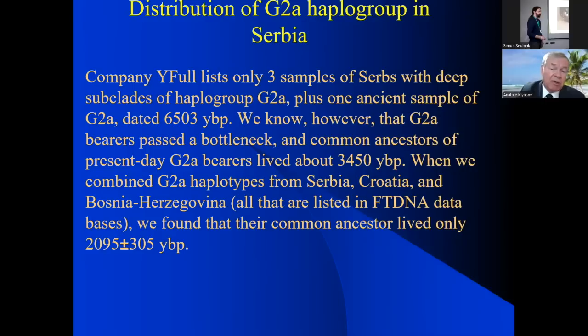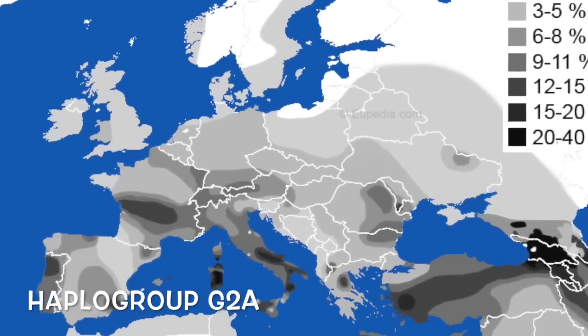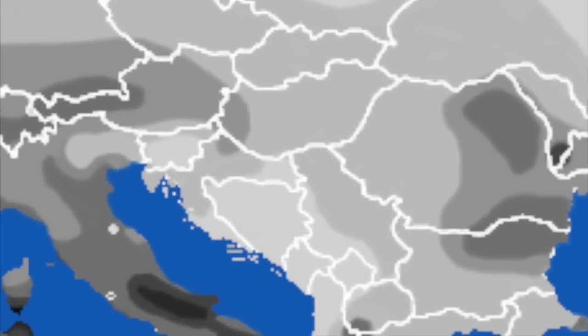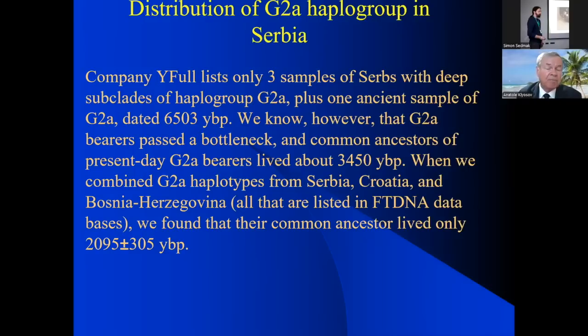In fact, they barely went through genocide. They passed a bottleneck, and the common ancestor of present-day G2A lived 3,500 years ago. So they were almost all killed 4,500 years ago, and the common ancestor of nowadays people went through the bottleneck 1,000 years after it.